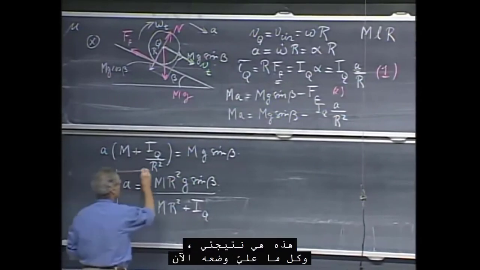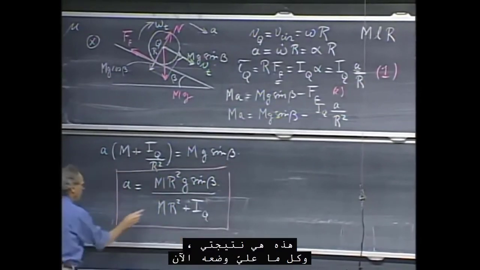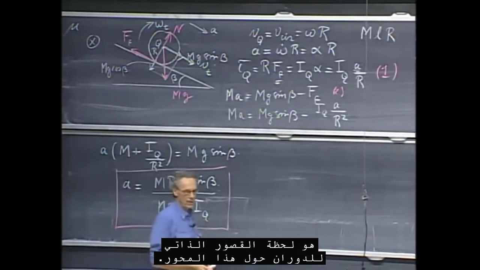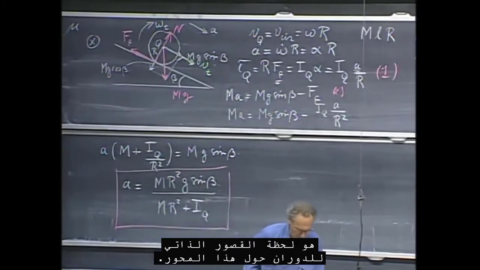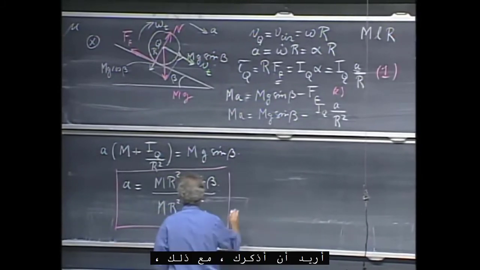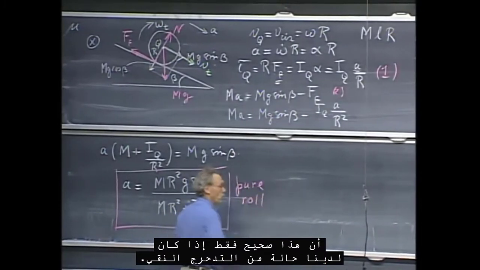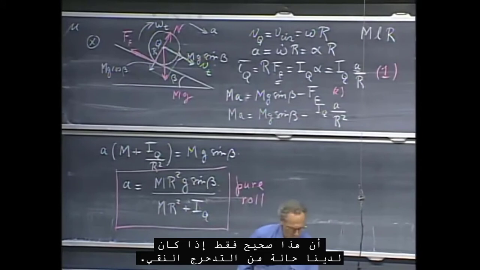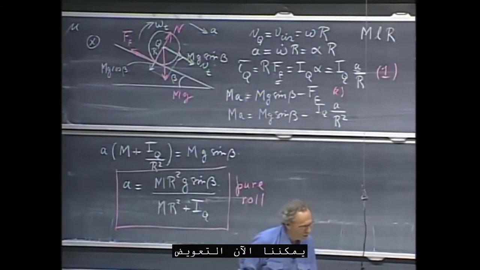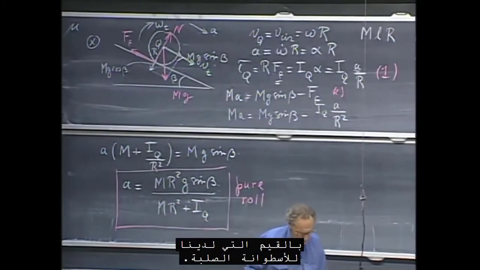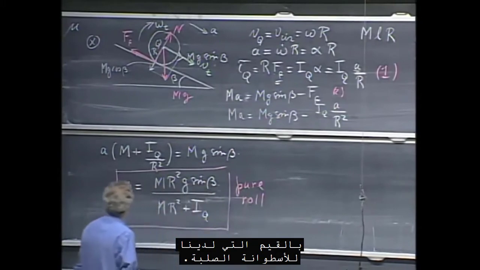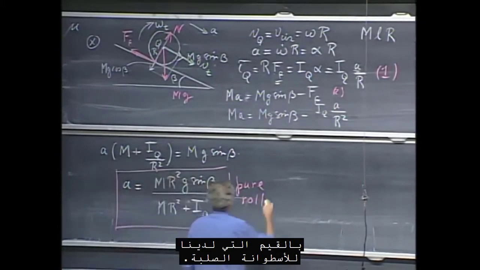And this is my result, and all I have to put in now is the moment of inertia of rotation about that axis. I want to remind you, though, that it is only true if we have a situation of pure rolling. So we can now substitute in there the values that we have for a solid cylinder.